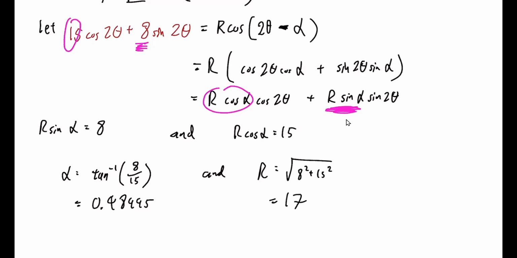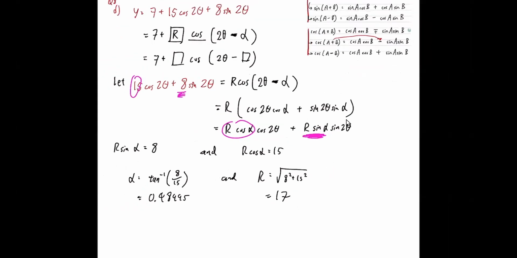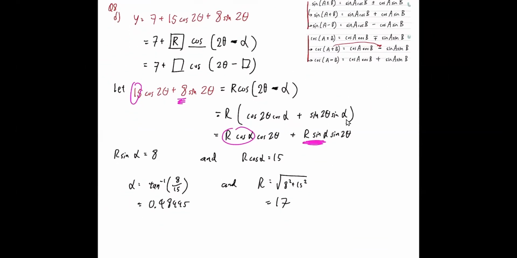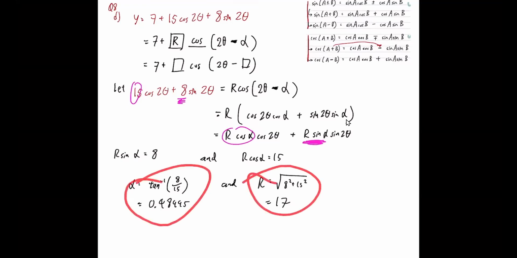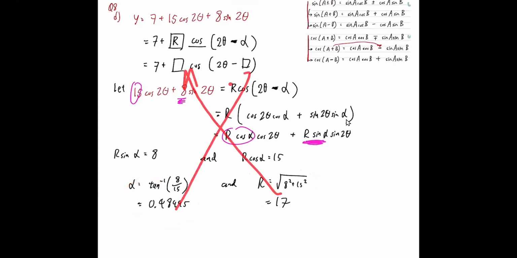This looks very familiar, I don't know why. Anyways, what we have now is our R value and our alpha. So we can just substitute it back in here. I'll erase the box and fill in the blank with 17 and 0.48995.